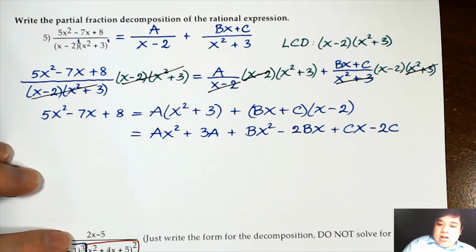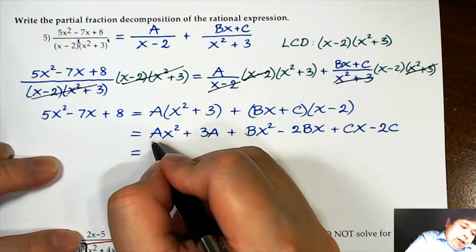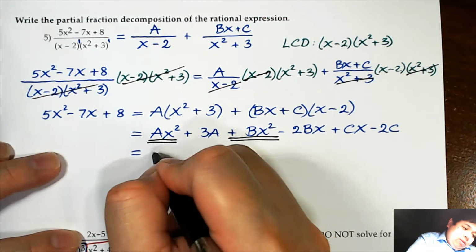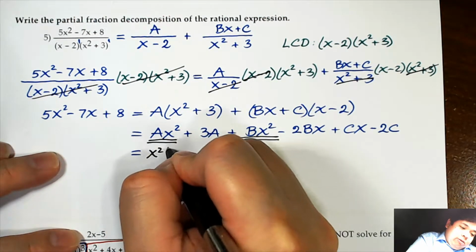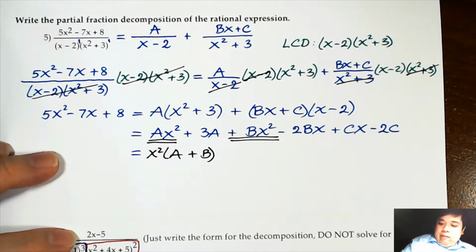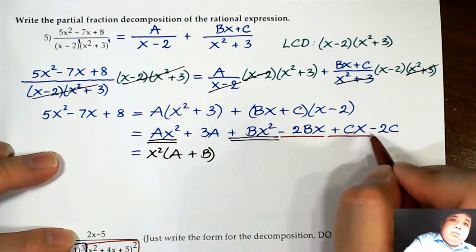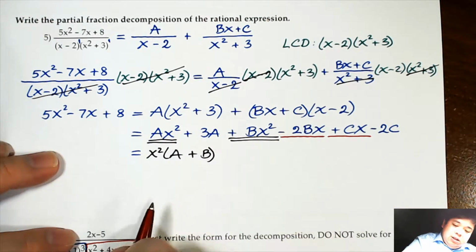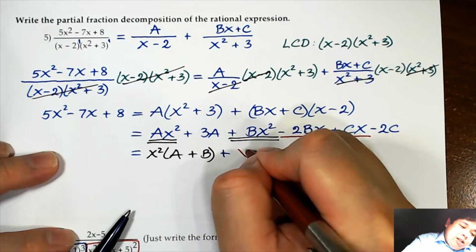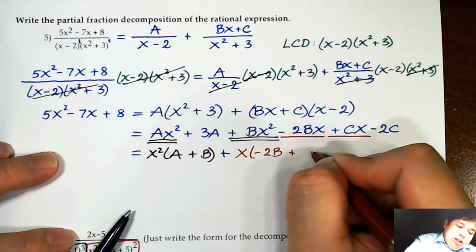Right, combine like terms. Ax squared and bx squared. So we have x squared, factor out, we have a plus b. Next, for x, we have this term and this term. Factor out x, we will have negative 2b plus c.